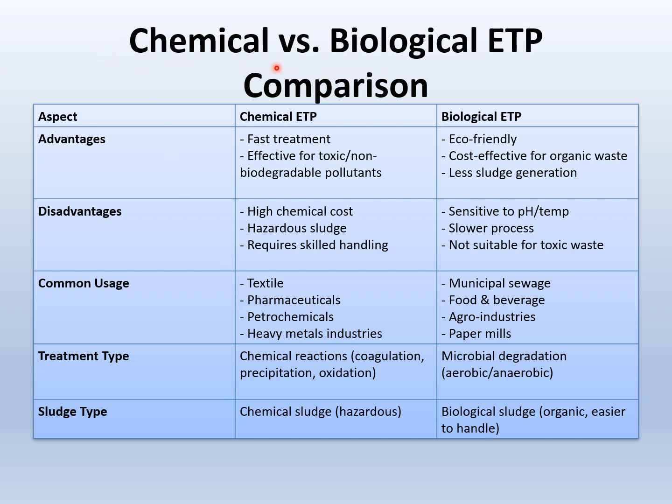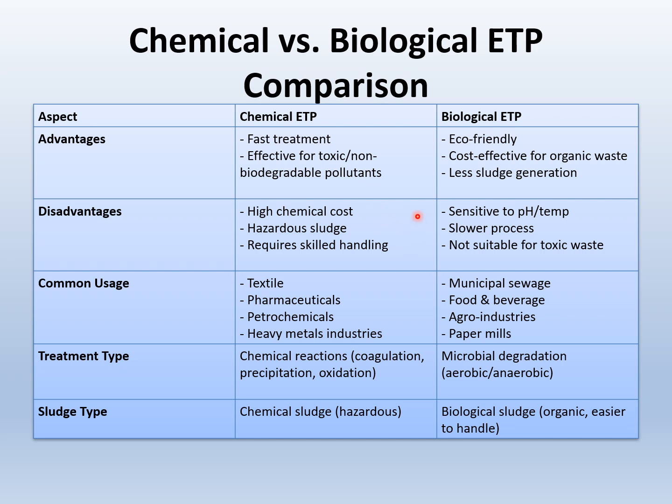Chemical versus biological ETP comparison. Advantages: chemical ETP is fast treatment, effective for toxic and non-biodegradable pollutants. Biological ETP is eco-friendly and cost-effective for organic waste. Disadvantages: chemical ETP has high chemical cost, hazardous sludge, and requires skilled handling.